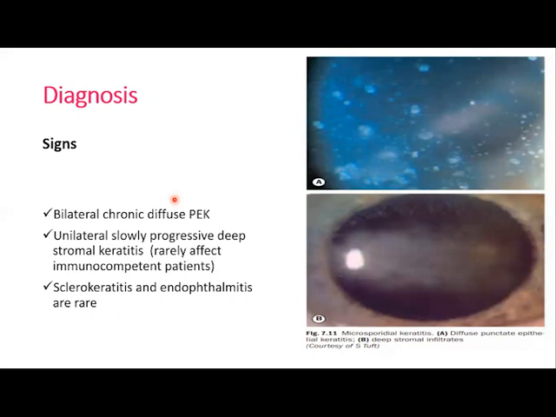So what is the care that you want to explain to a fungal ulcer patient? Ma'am, we should not wear contact lenses.